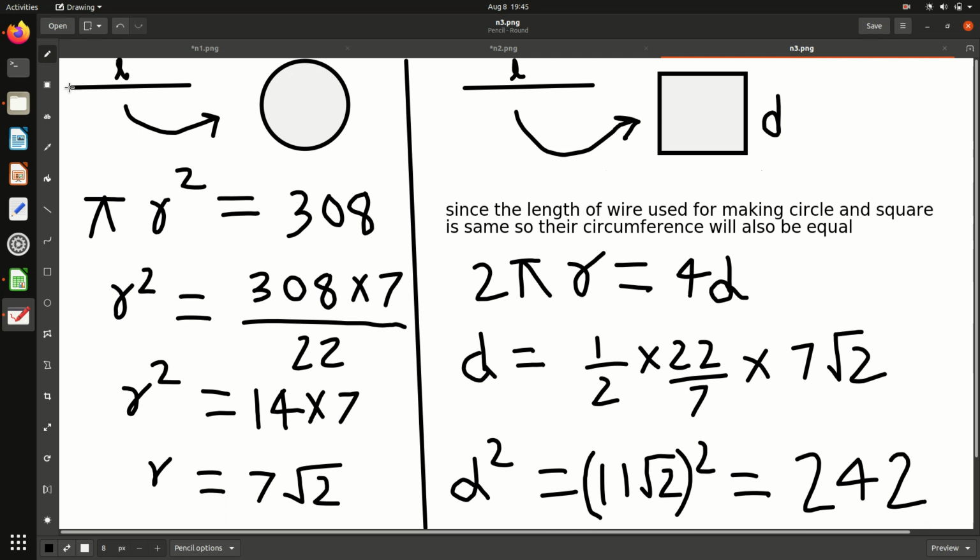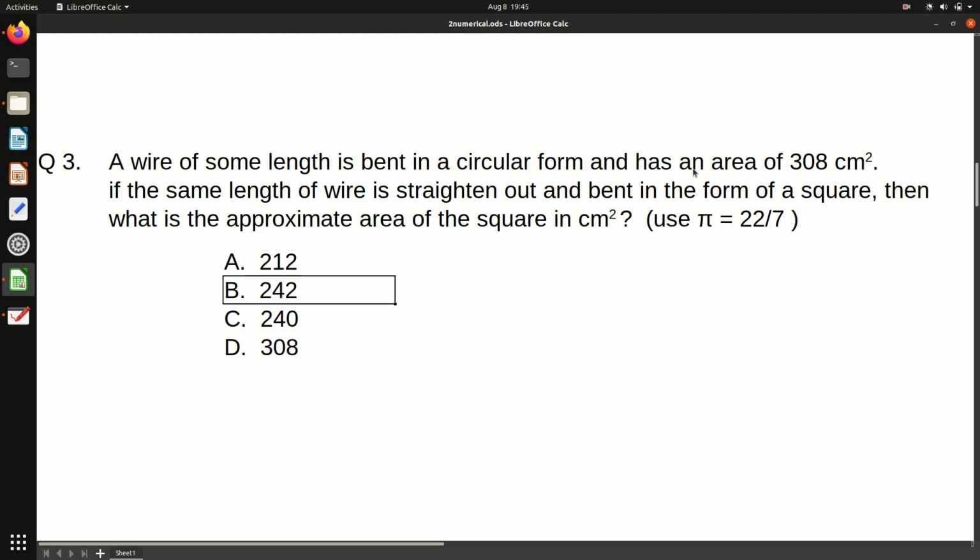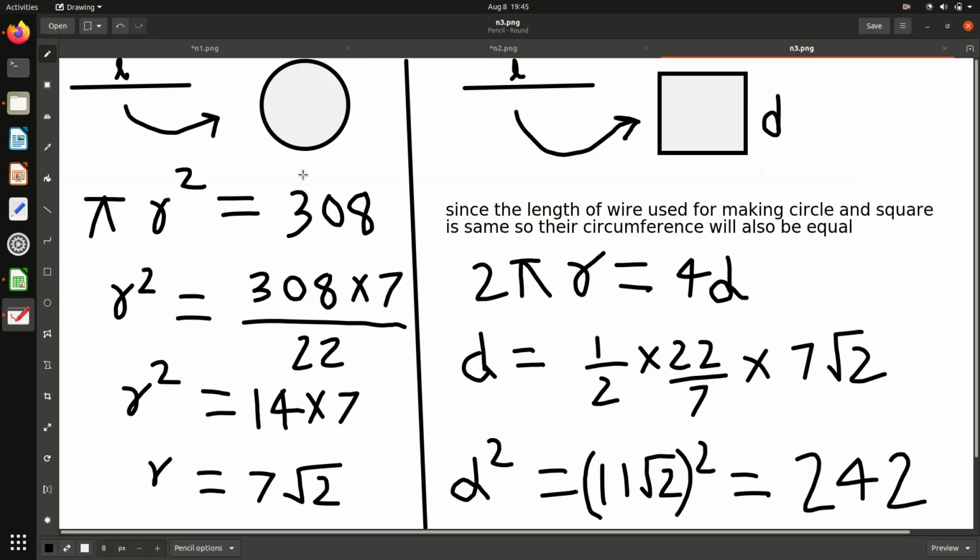Okay, so it is saying that we have some length of a wire. That wire is transformed into the form of a circle. So from this wire we created one circle. Now that circle has an area of 308 centimeter square. So I have written pi r square, which is the area of a circle, equals 308.